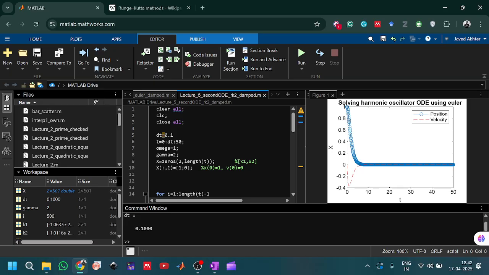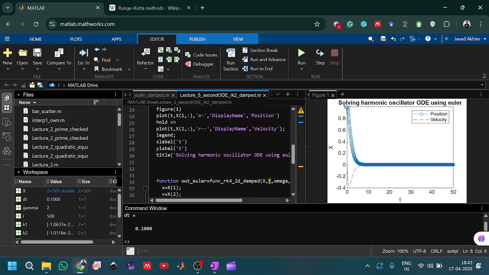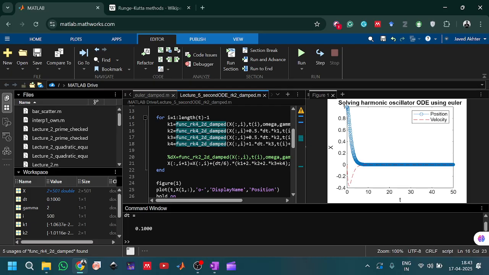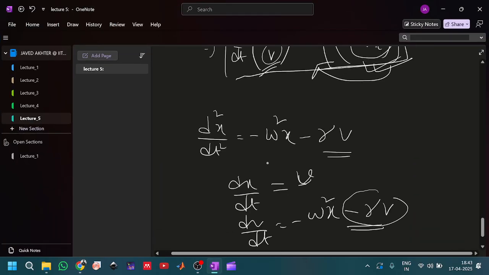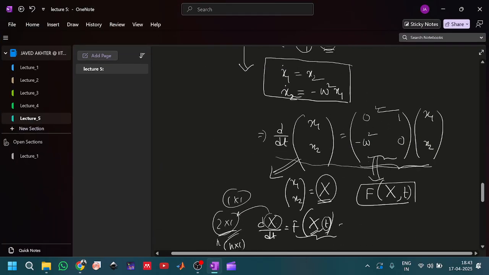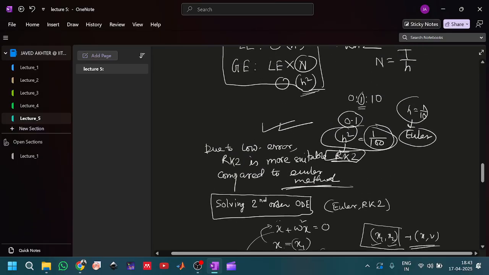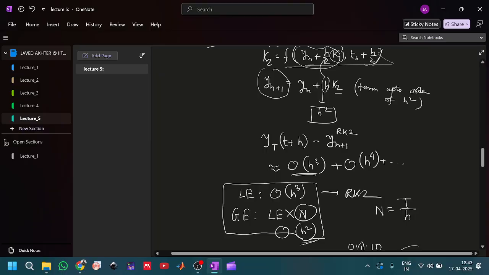Try to play with different kinds of differential equations and try to solve them. Try to be comfortable with how to solve a differential equation. We have also looked at the order of error. RK2 is better, and for RK4 you can similarly calculate the order of error. Maybe it will be of order 5, so you can check.